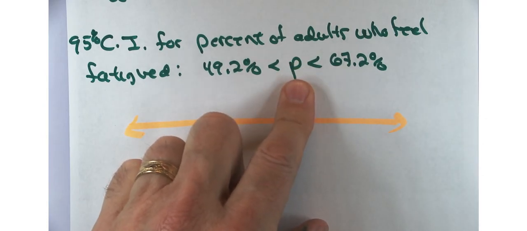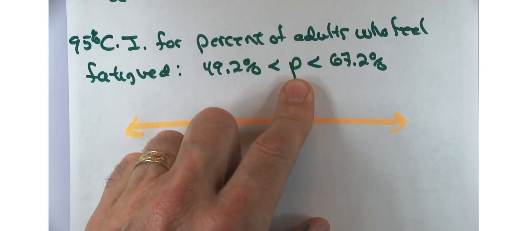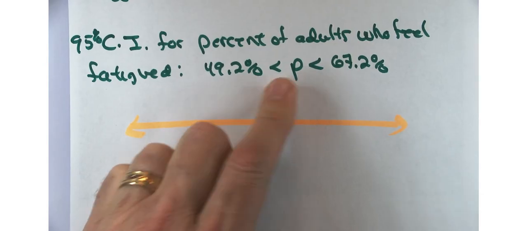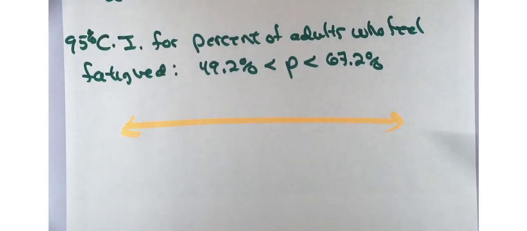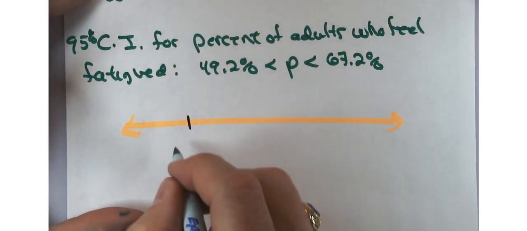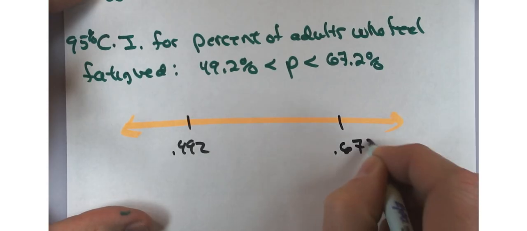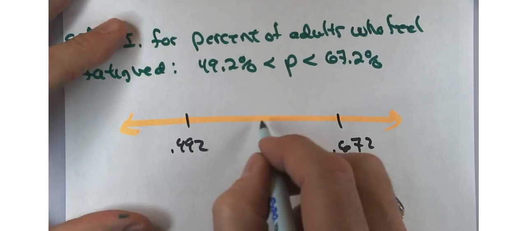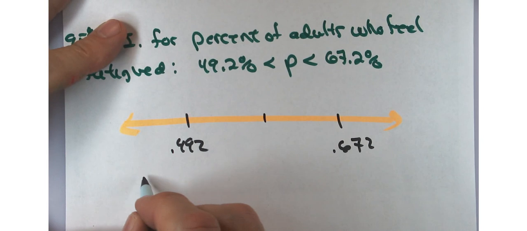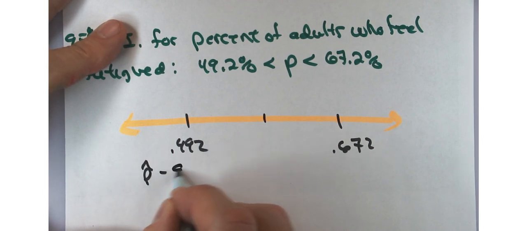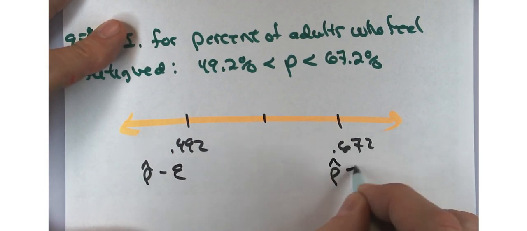We don't know what it is. That's why we're taking a sample. So we're saying that the true value is somewhere between 0.492 and 0.672. This is your p hat minus some error and p hat plus some error.